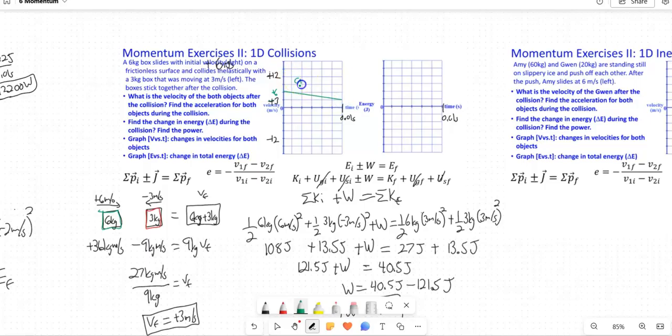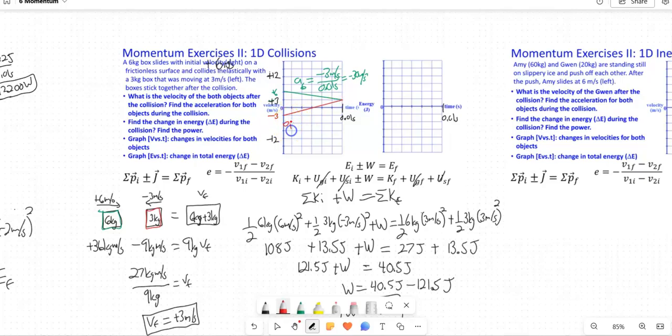So the acceleration of the 6 kilogram object is dropping by 3 meters per second over the 0.01 seconds, which is going to be -30 meters per second squared. The red object is starting at -3 and going up to +3.